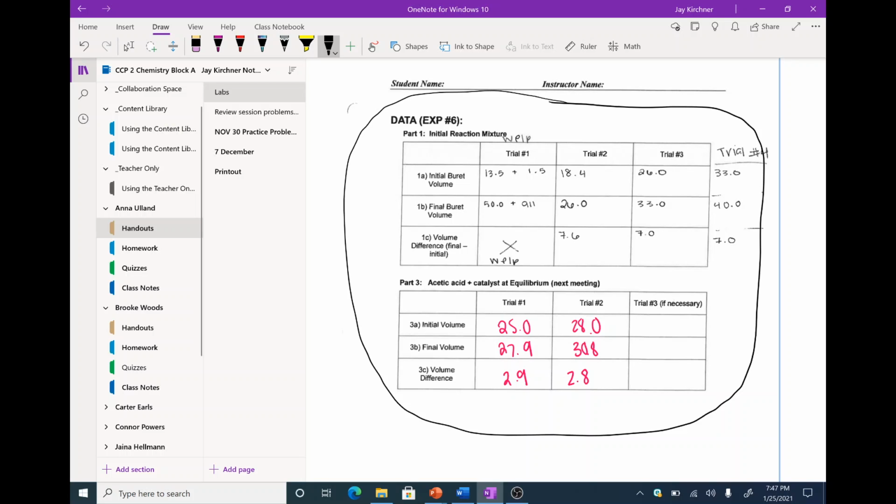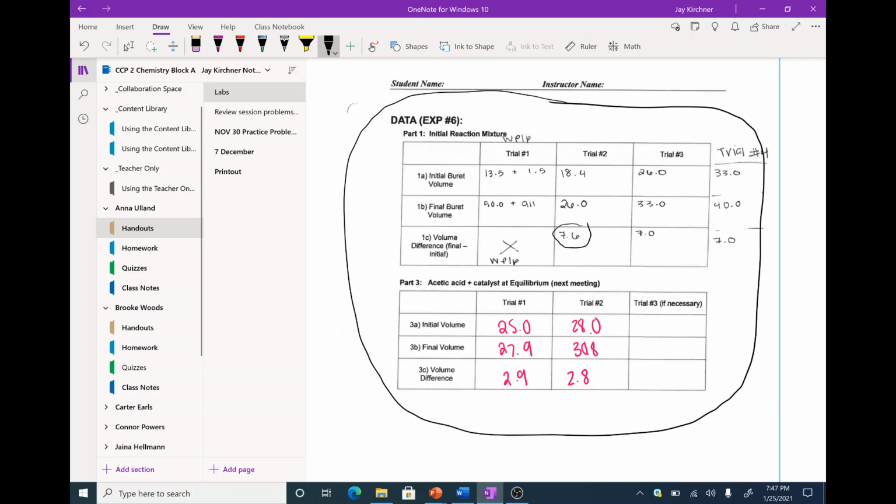So we're trying to figure out how much reactant we have at the beginning. Here we titrated the acetic acid versus NaOH, okay? And from the number of moles of NaOH we added, we can figure out how many moles of acetic acid were present in our reaction flask.